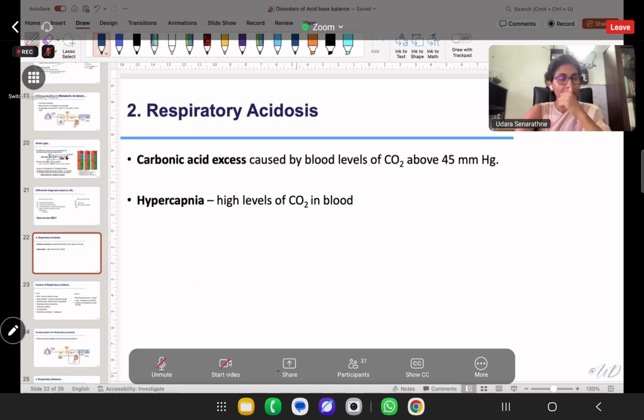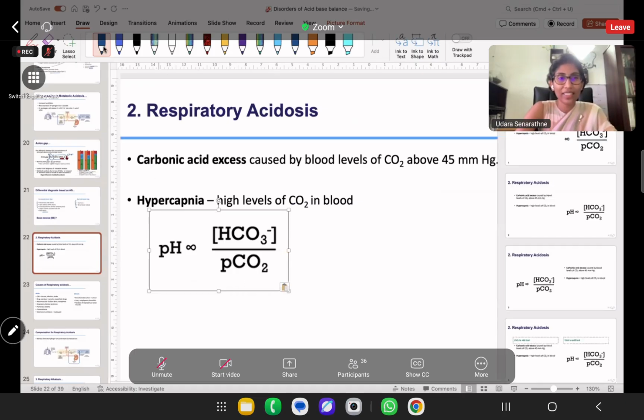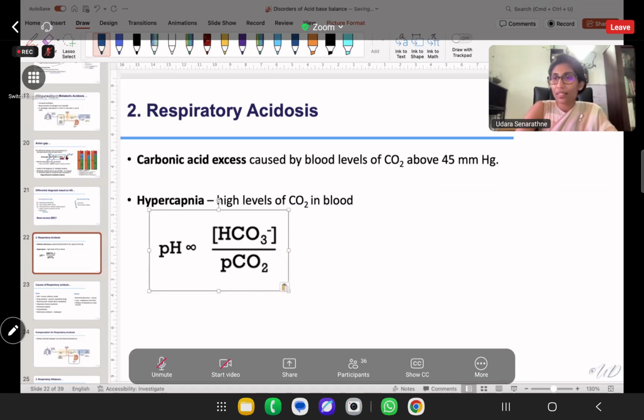Next, respiratory acidosis. How do you get respiratory acidosis? That is when you are unable to excrete the carbon dioxide. Why? Because carbon dioxide leads to carbonic acid.